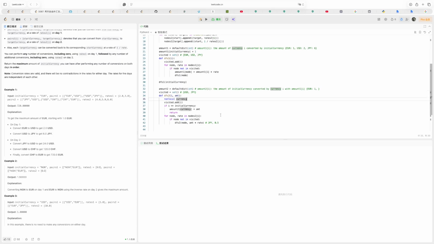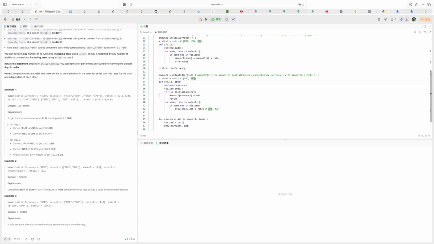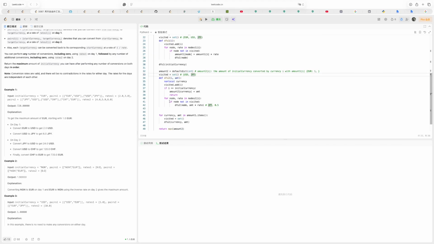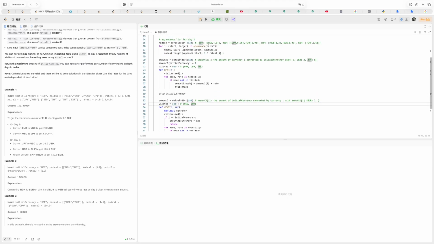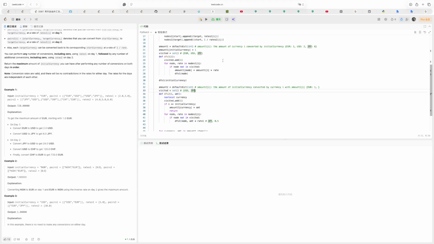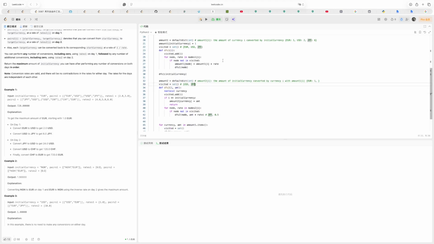We have added JPY to the visited set, and it is not the initial currency, which is euro. So we will see the JPY. We have USD, but USD is already visited.